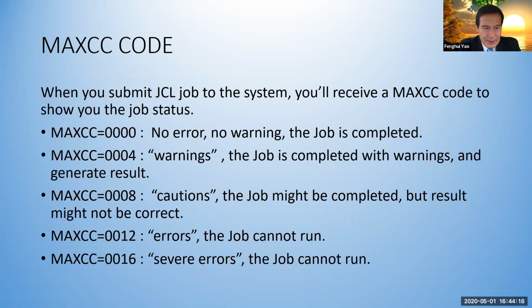If the MAXCC code is 0008, that means caution. The job might be completed, but the result might not be correct. And a MAXCC code equal to 0012 means error: the job cannot run. A MAXCC code equal to 0016 means a severe error, and the job cannot run.